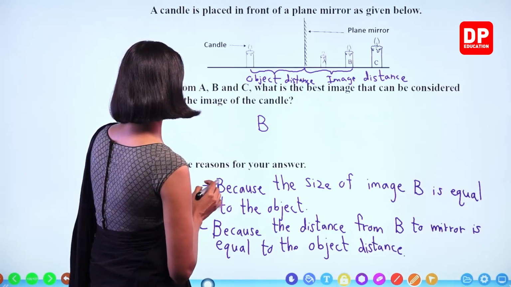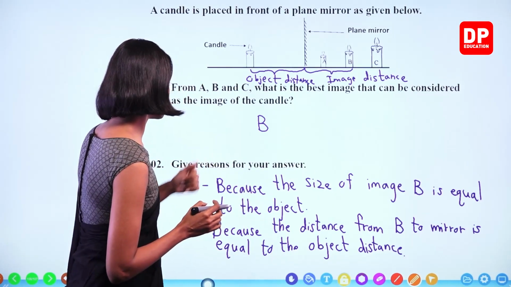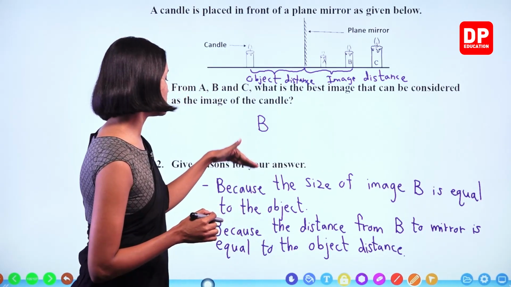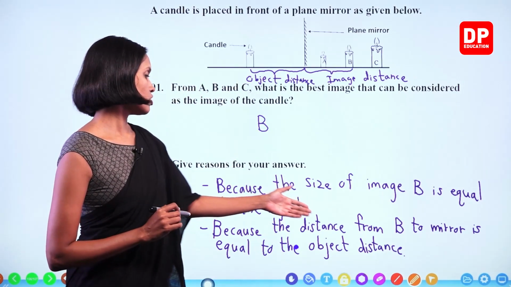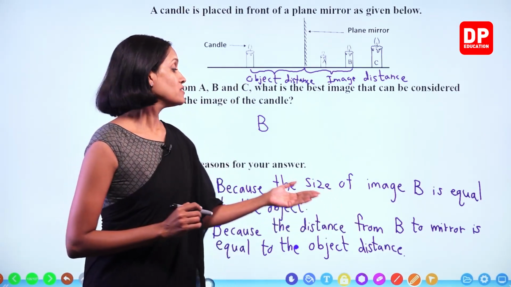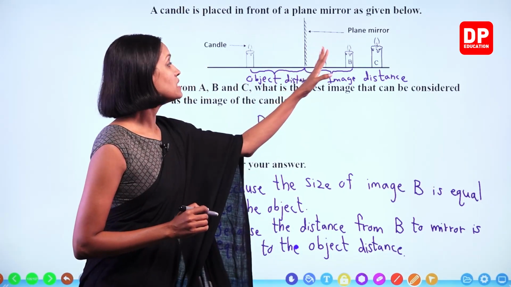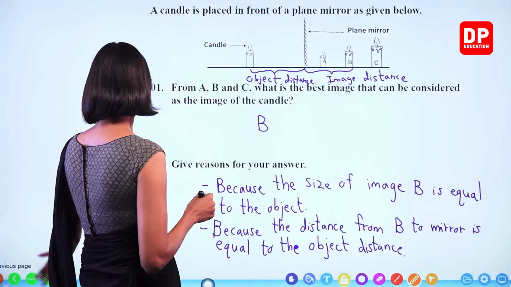Okay? Because the size of image B is equal to the object, because the distance from B to mirror is equal to the object distance. So this is why we can easily come to the conclusion that B is the image of the candle. Right, children? We'll move on to the next.